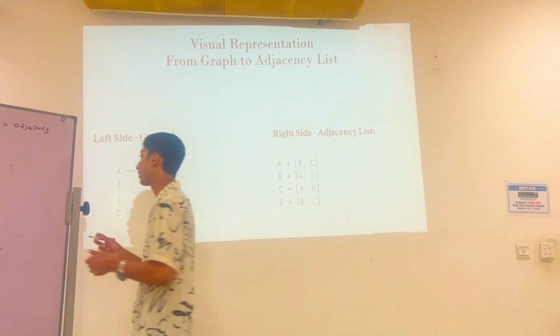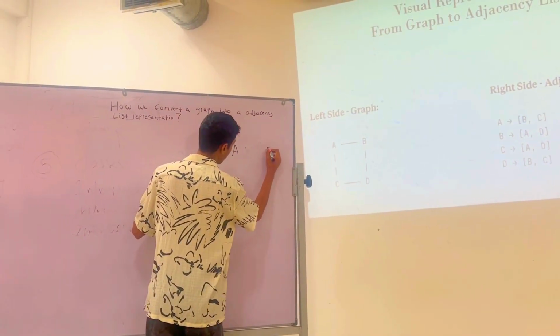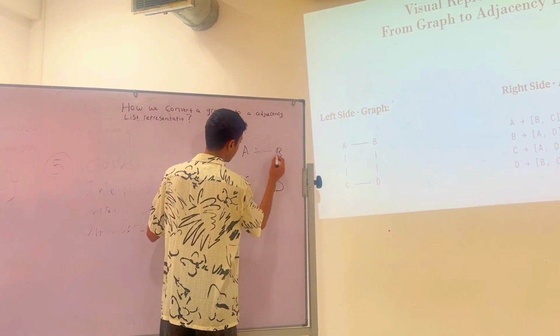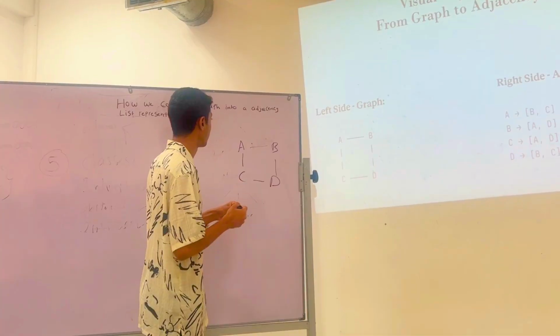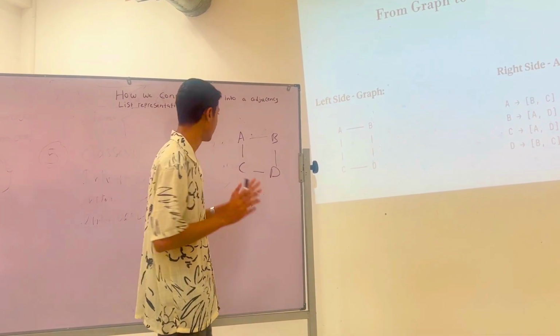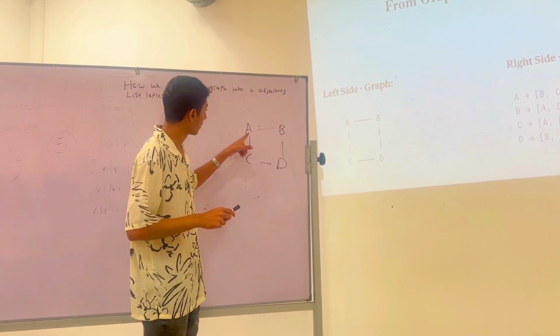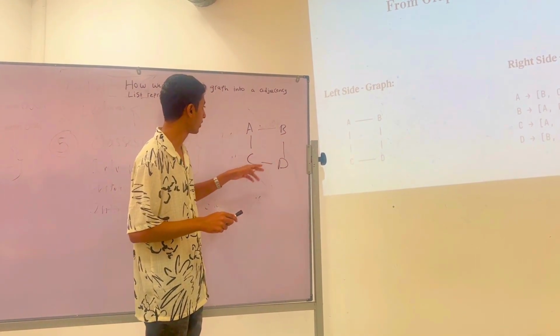In the left side graph we have A, B, C, and D. Here A is a vertex, and B, C, D are all vertices.